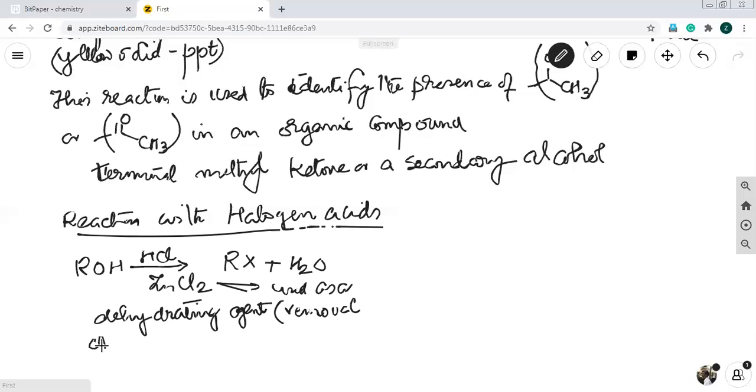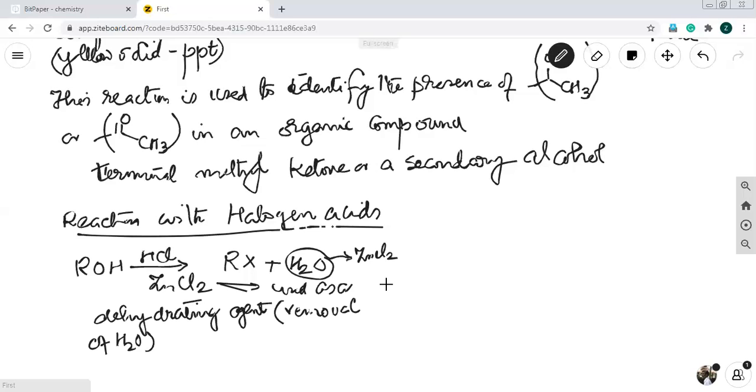So the moment this water molecule is formed, it is taken away by zinc chloride. And therefore, the reaction shifts towards the product side by Le Chatelier's principle. This you must have already studied.